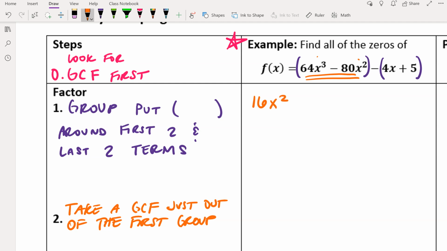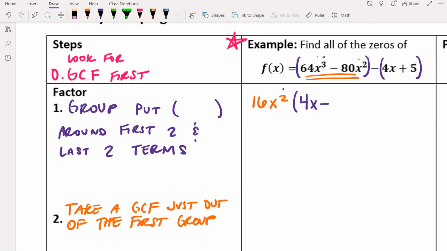Cool. And now we're going to write what's left, because that's part of taking the GCF out. So let me write what's left. We have 64 divided by 16 is 4x. Copy my minus sign down. Oh, sorry. We took 2 x's away, right? There were 3 x's here. We took 2 out, so there's 1 x left. But we don't need the 1, right?